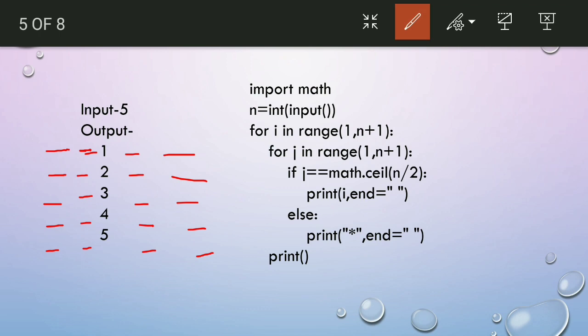So what the question is saying, if it is 5, they want it in the middle, and this question will only work if the input is an odd number. So here what we are taking, it must be an odd number. For this question, we want this one.